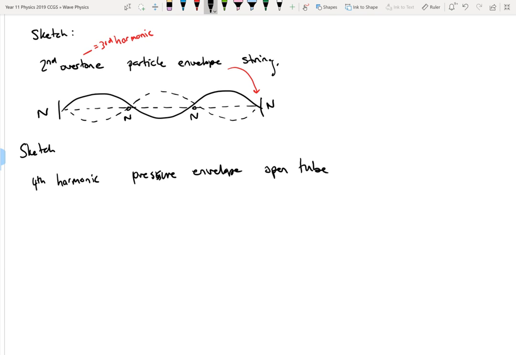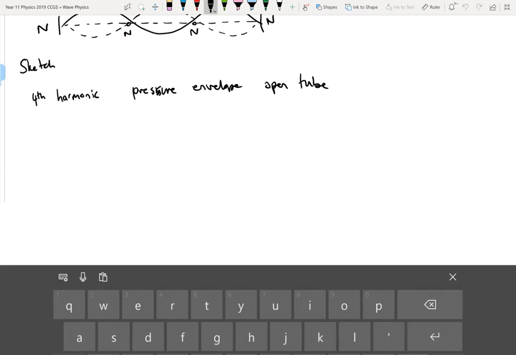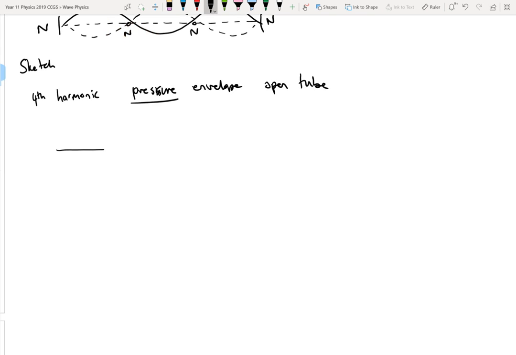Try and do it yourself. Was it page 19? Yeah, it was. Try yourself first. Have a go. Pressure envelope. Here's my tube. You can draw the physical dimensions of the tube. Now, we know particle envelopes have an antinode at the end. Pressure must have a node at the end. Okay?